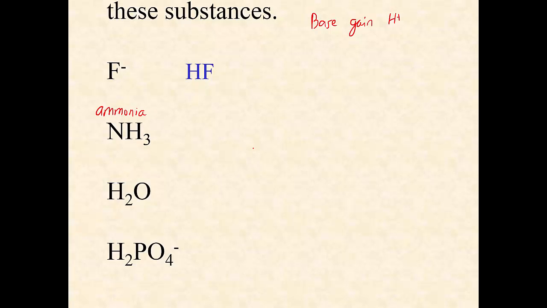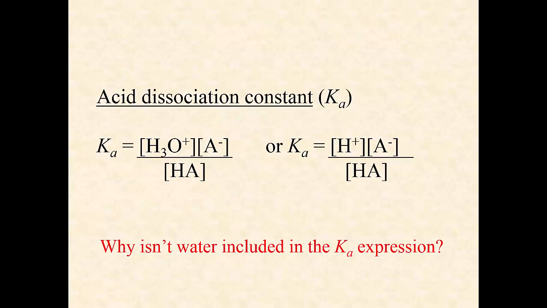Ammonia forms the ammonium ion. So ammonium is the conjugate acid of the weak base ammonia. Water, you're going to add H+ and get hydronium. So the hydronium is the conjugate acid of water. H2PO4-, add H+, and you get phosphoric acid. We're going to keep practicing that.